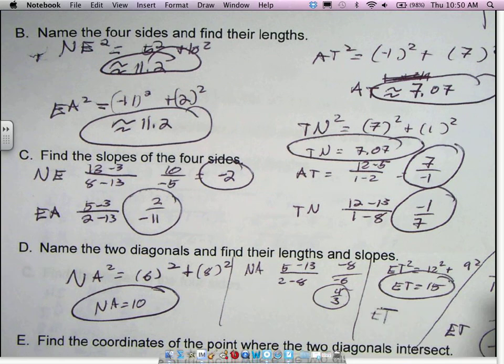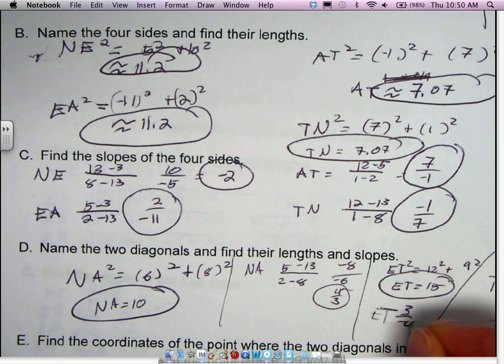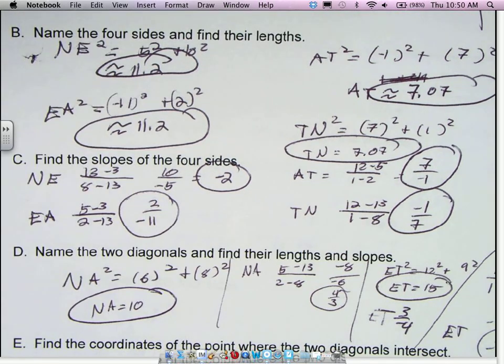I'm not moving anything. I'm writing something down. NA's length, the length of the diagonal, is 10, but ET's length is 15. They're not congruent. The slope of NA is 4/3, and the slope of ET is 3 over negative 4.